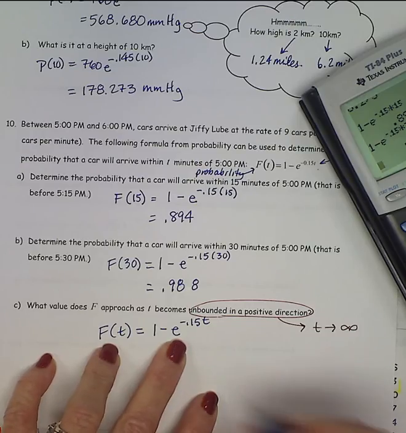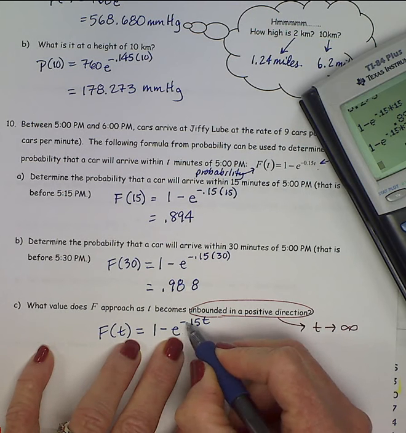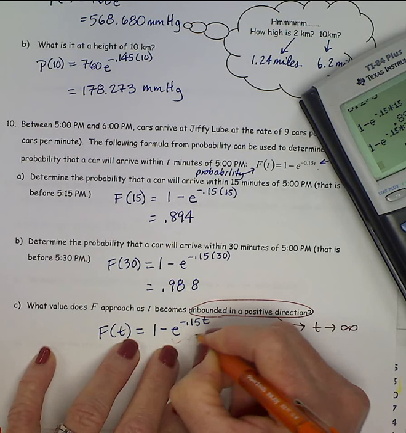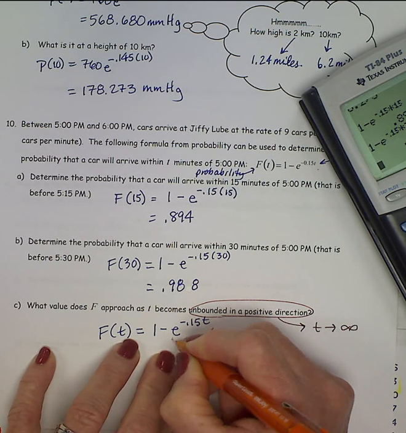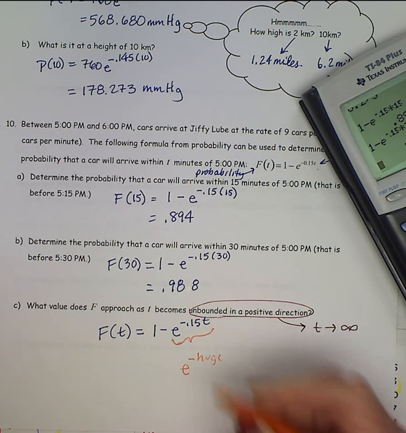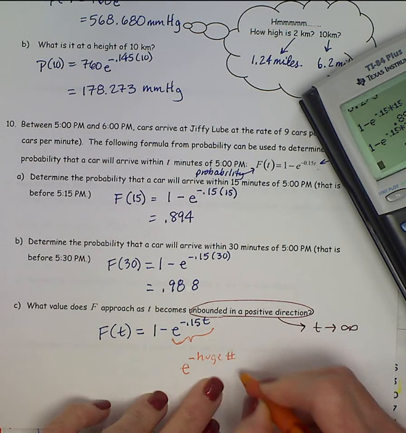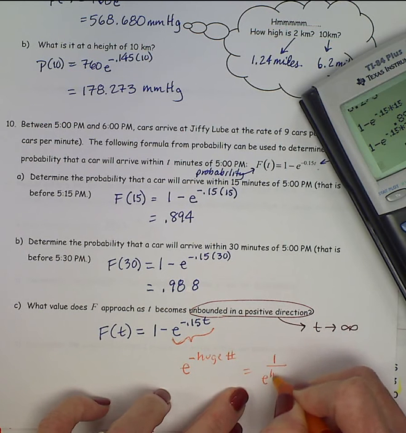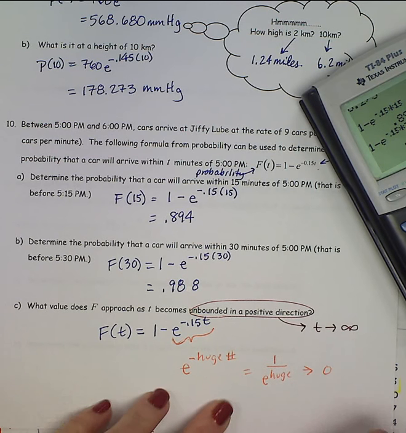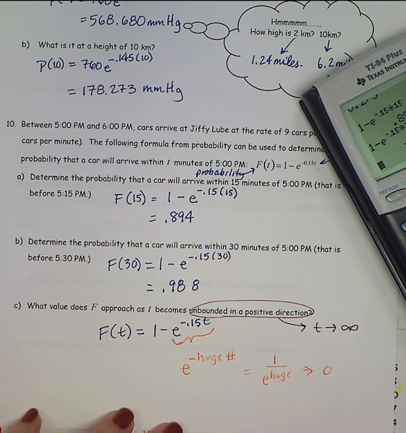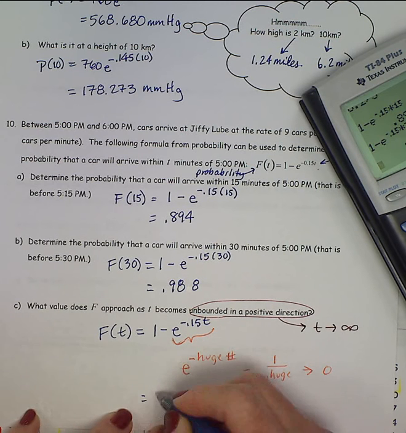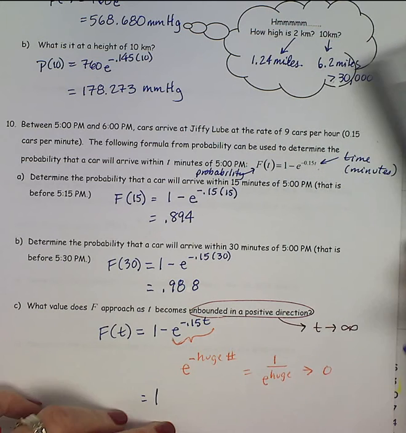So then we're taking e to a negative huge number, and e to a negative huge number goes to 0. That's 1 over e to a huge number, which goes to 0. So all this piece here goes to 0, which means that probability approaches 1.